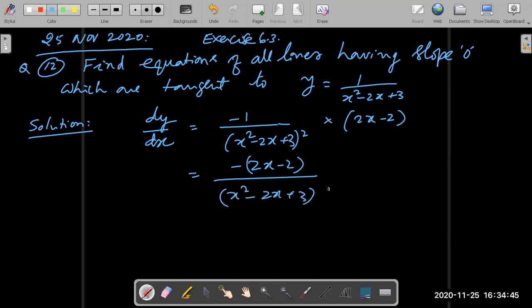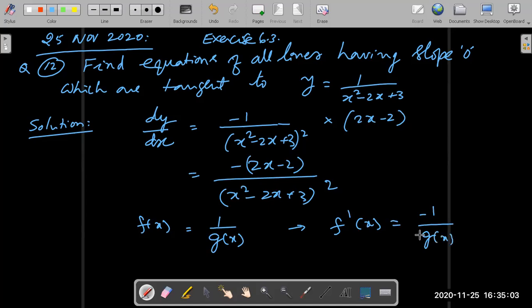So I am using the differentiation. If I have a function is 1 by g of x, then differentiation of function equal to minus 1 by g of x whole squared multiplied by g dash x.